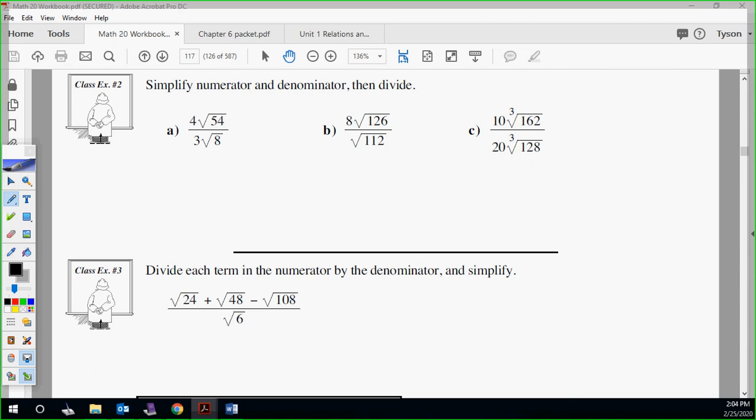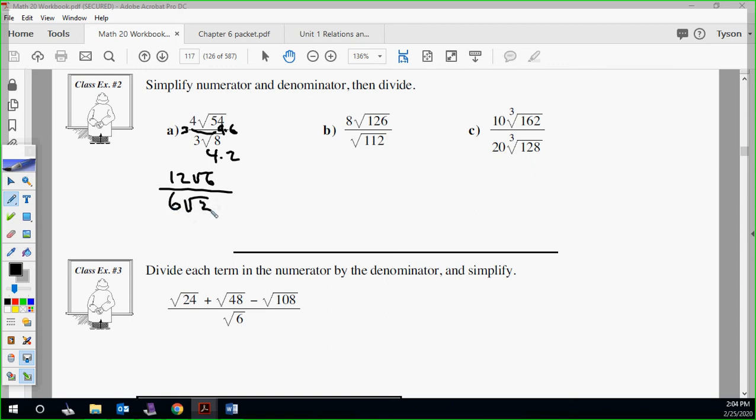Well, 54 breaks down to 9 times 6, and 8 is 4 times 2. So 9 comes out as a 3, so it's 12 root 6. Okay, 12 root 6, and then pull this out is 6 root 2.